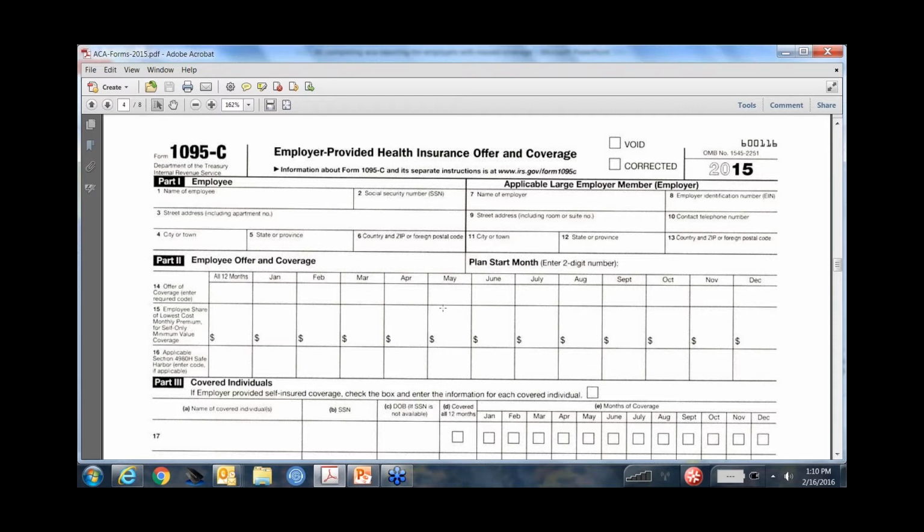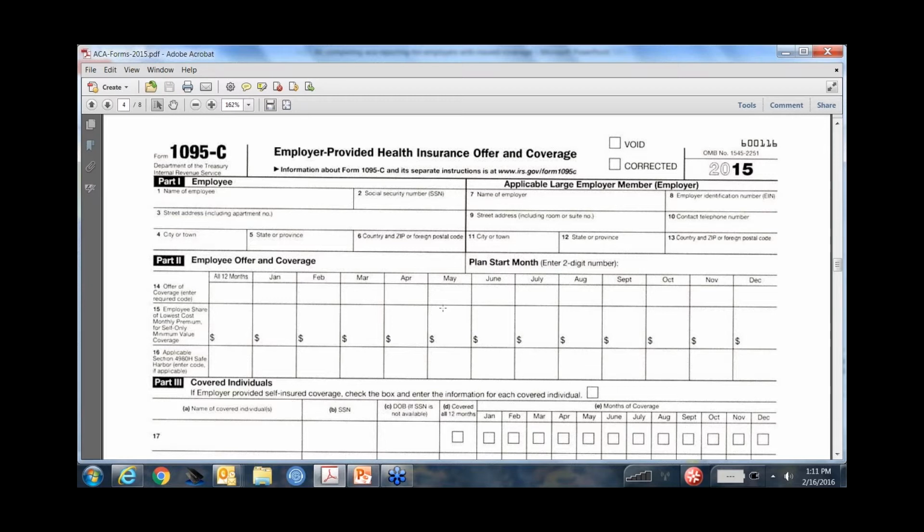If not, the various amounts are indicated by month, what the employee paid for the single coverage cheapest plan. Only in several situations will line 15 not be completed, and I will indicate when.